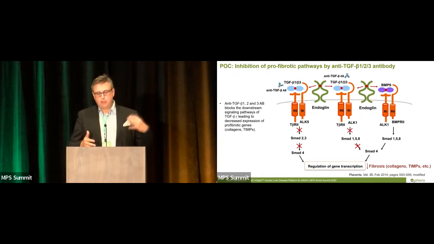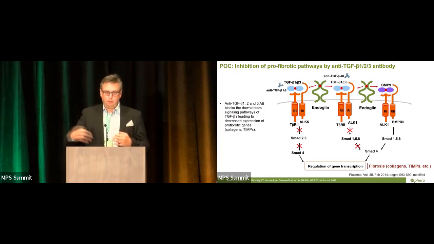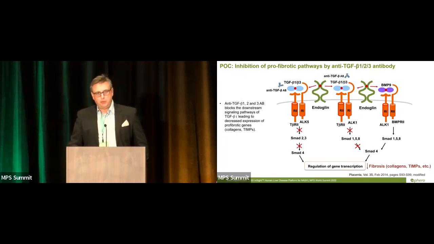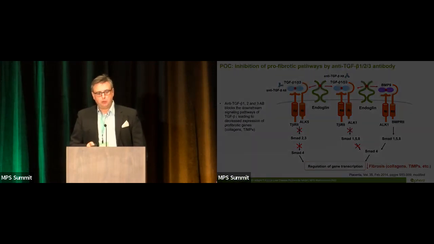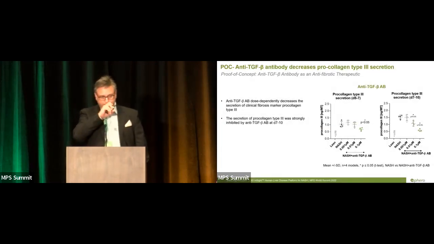So you see that TGF beta-1 triggers the TGF receptor 2, which then recruits receptor 1, ALK1, ALK5, and then triggers this whole signaling chain through SMAD, and ultimately leads to an upregulation of collagens and TIMPs. If we are blocking TGF beta-1, we should see a decrease in collagens and TIMPs in the system. That's what I'm going to show you in the next couple of slides.